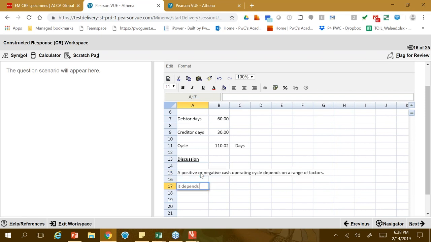It depends on whether a business is retail, which is B2C, or B2B, as these will have a different impact on these calculations.